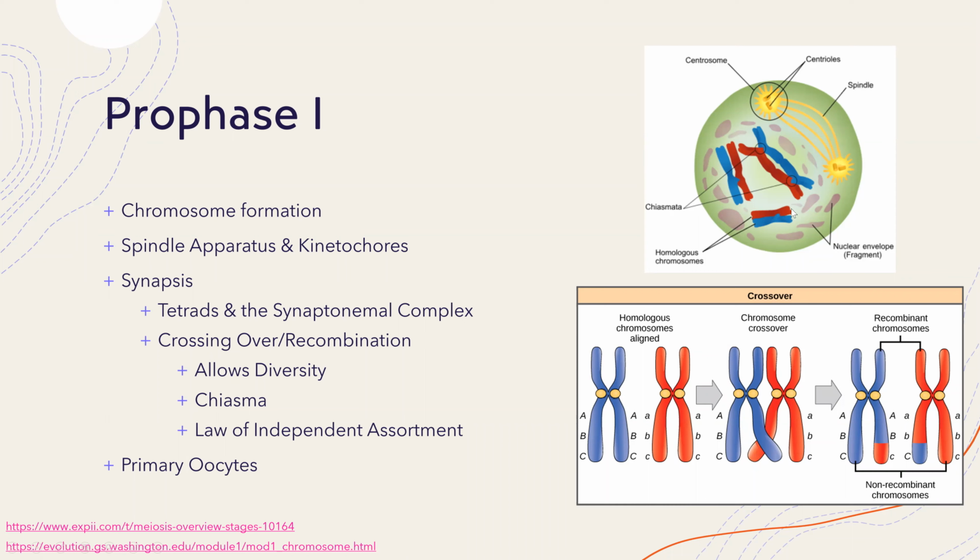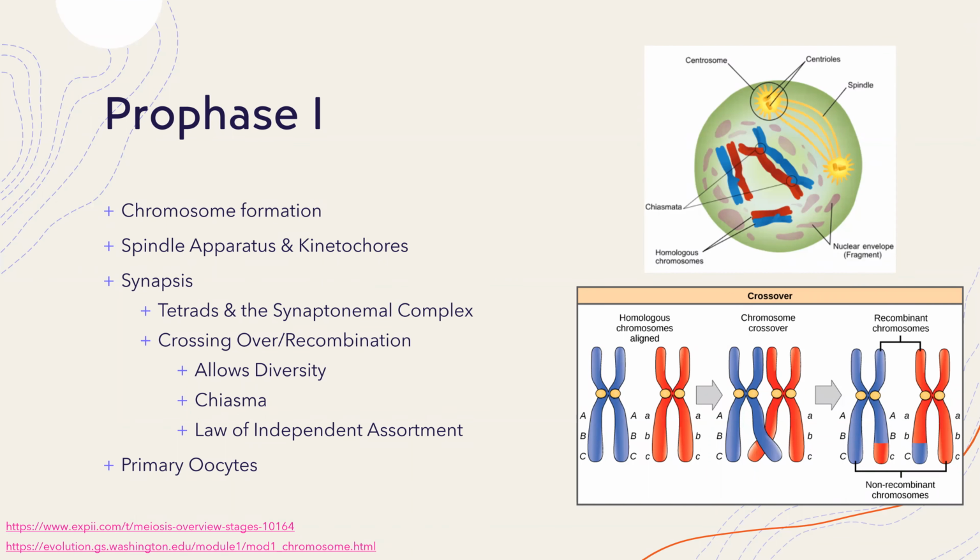We still get the formation of the mitotic spindle or spindle apparatus, and the kinetochores that later connect to the kinetochore fibers. However, we have what is called synapsis, where the homologous chromosomes from our mom and our dad can line up by themselves before they're connected to the kinetochore fibers.